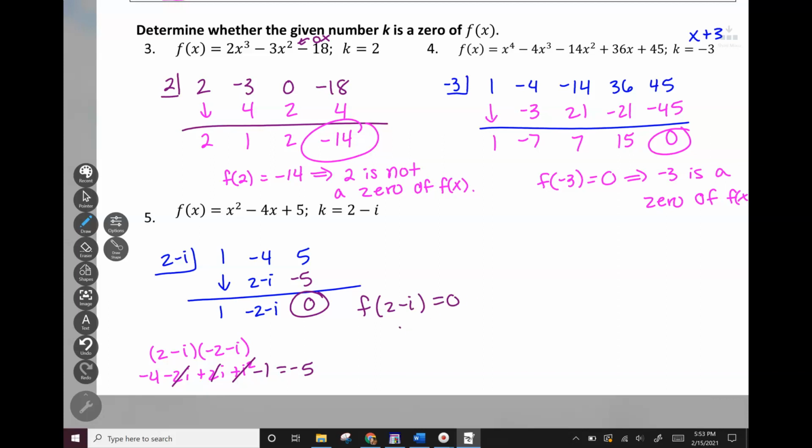Therefore, actually that symbol means therefore in mathematical language. So therefore 2 minus i is a 0. It's not a real 0, it's a complex 0. And so it's not going to be an x-intercept because it has an imaginary part there. Is a 0 of f of x.